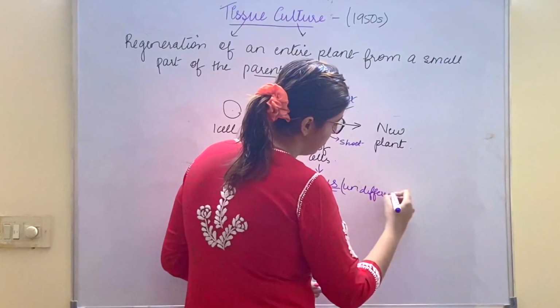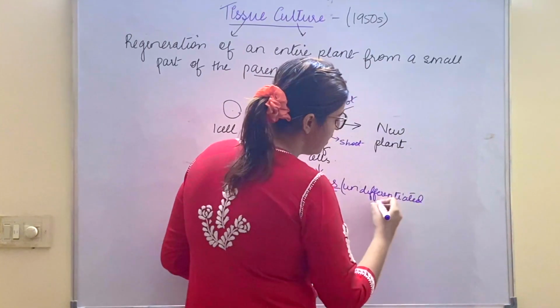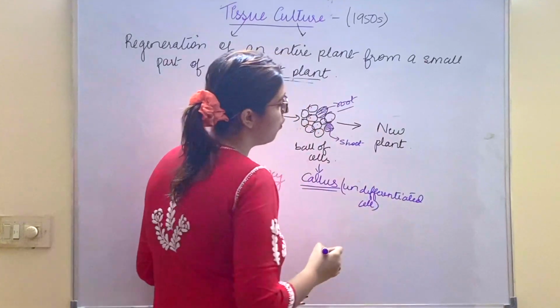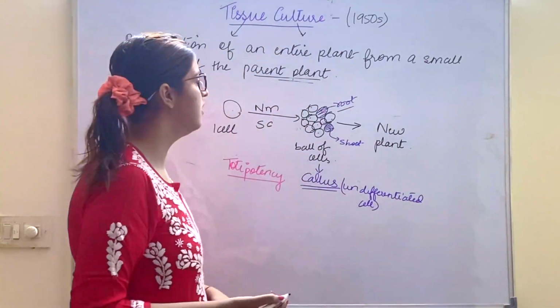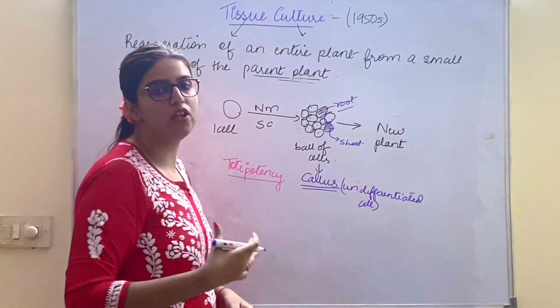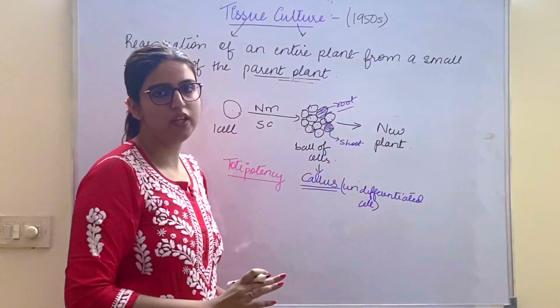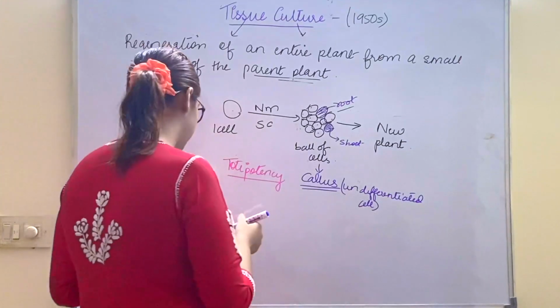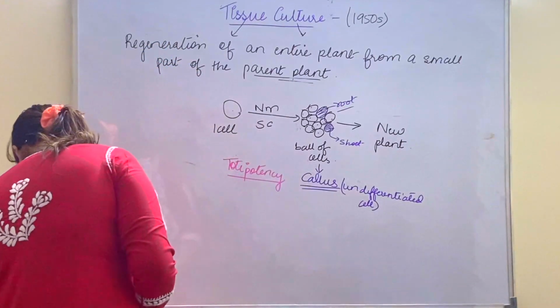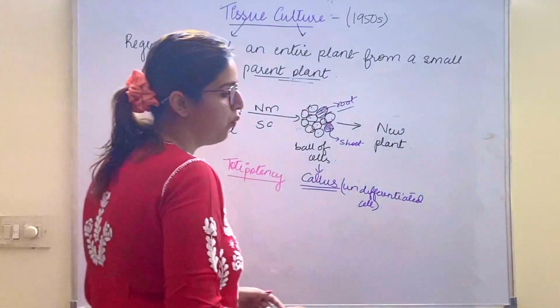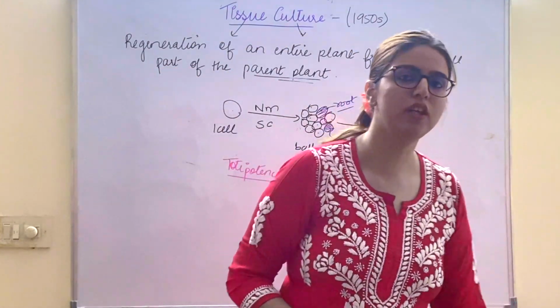Why? Because I don't know which cell is going to form which part of the new plant. Undifferentiated cells differentiate and form the new plant. Did you understand till here? Fine.